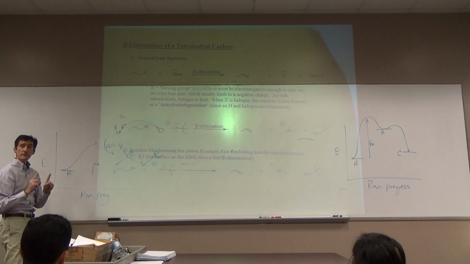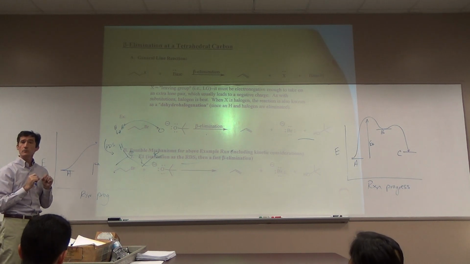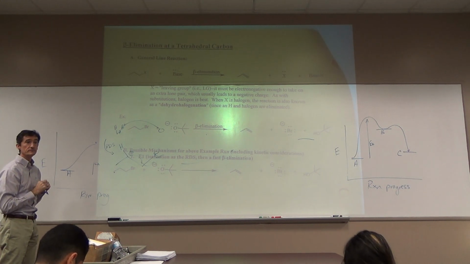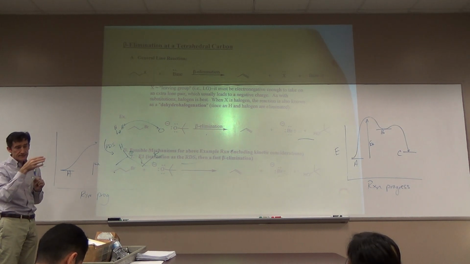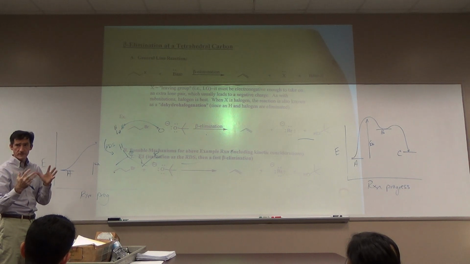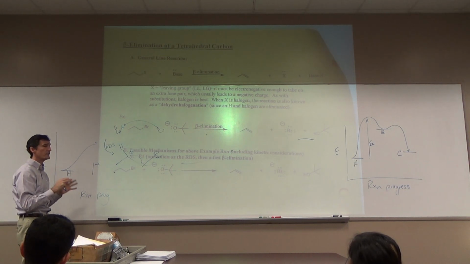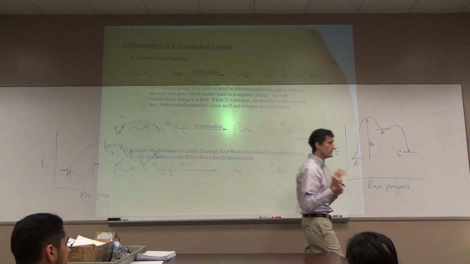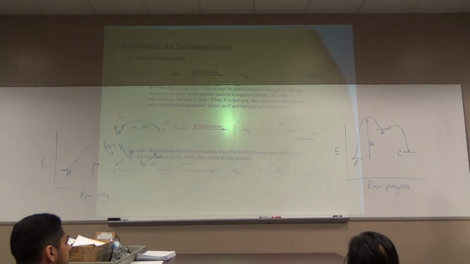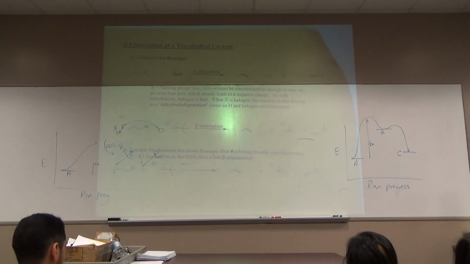But in E2, did we form an anion? Did we form a carbanion? We did not form a carbanion. It takes it and you get the final product all in one step. Okay? The third one we did, but I'm telling you we're not doing that. That's not one of the mechanisms we're going to be doing.